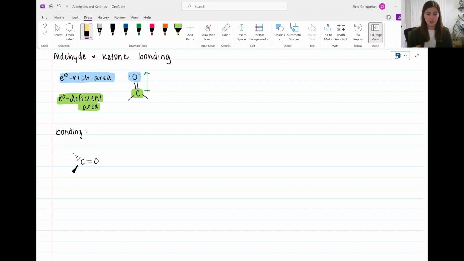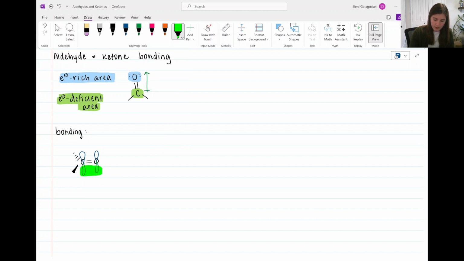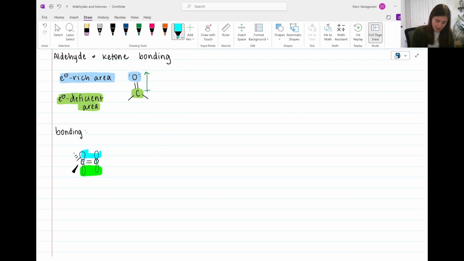Now, carbon and oxygen have a pi bond between them, so we can represent that as the unhybridized p orbital on carbon and the unhybridized p orbital on oxygen. They overlap with one another. Let's use different colors here. They overlap with one another, and this gives us that molecular orbital.